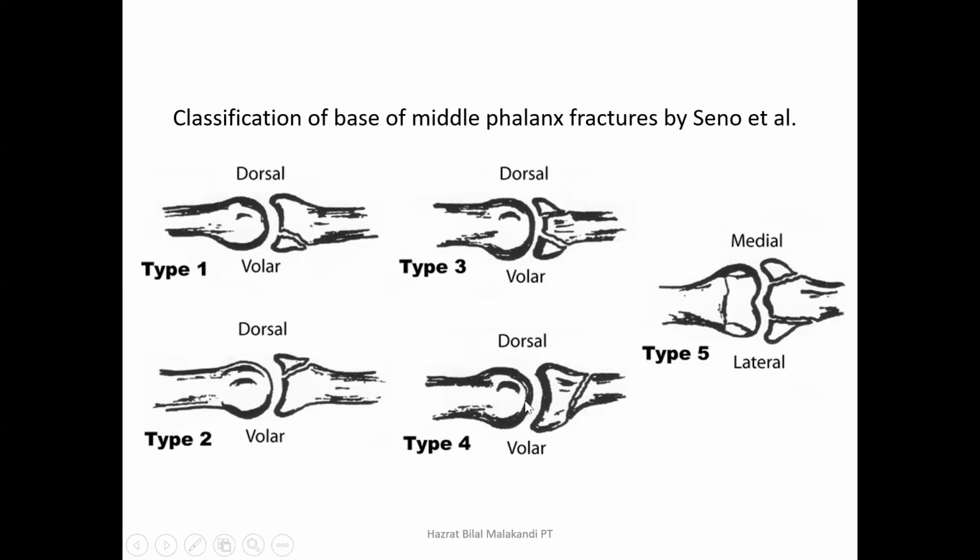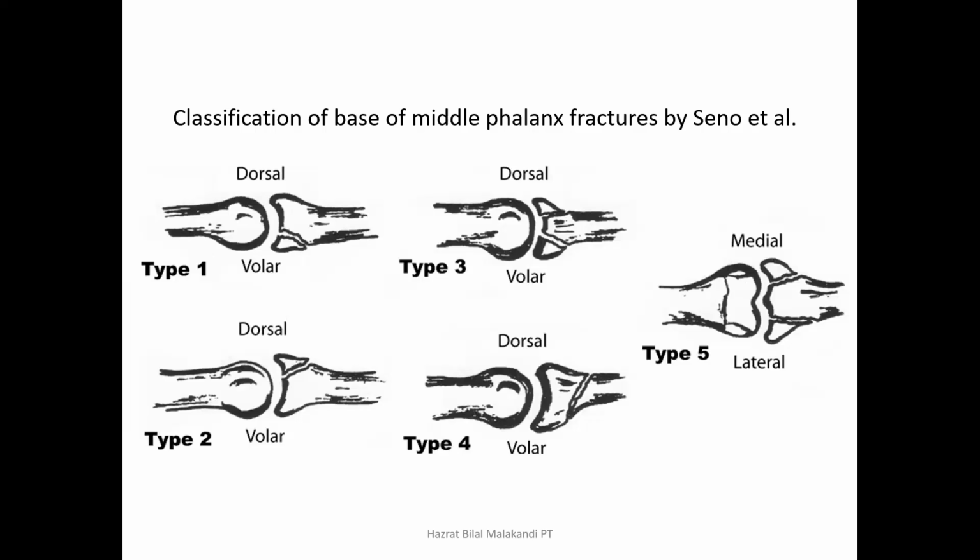Type 4 is extra-articular, when the joint surface is not involved, and the fracture is parallel or oblique, but extra-articular. Type 5 is the severe form of the injury. In type 3, we can see there is a dorsal and volar fracture, but only the base is involved.